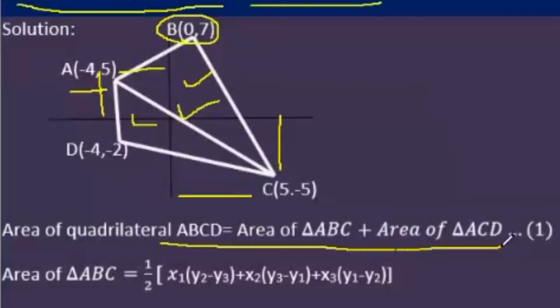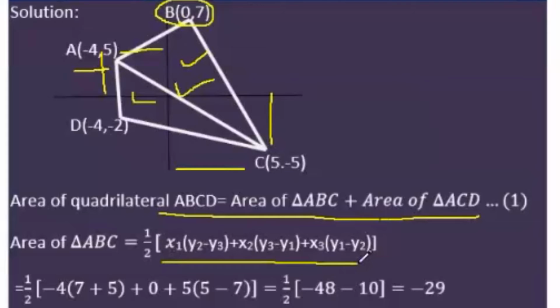Now students, we know that the area of a triangle in coordinate geometry is half of x1(y2 - y3) + x2(y3 - y1) + x3(y1 - y2). This you have studied in 10th class. Now by using this formula, first I am trying to find the area of triangle ABC.